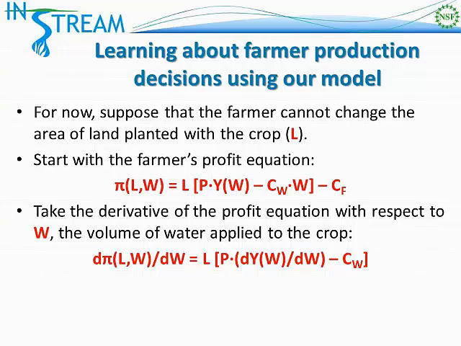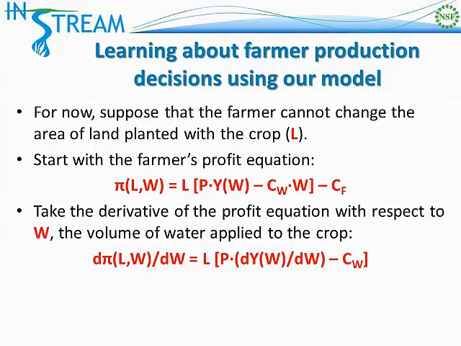So in reality, the farmer can also choose the level of L, the number of acres of the crop to plant. But right now we're trying to focus on how the farmer makes a decision about how much water to use. So for now, let's ignore L. Let's just assume that it stays fixed and focus on our variable W, which is water use.